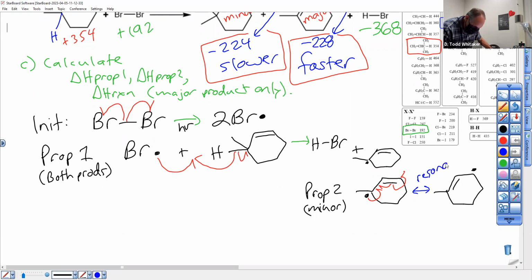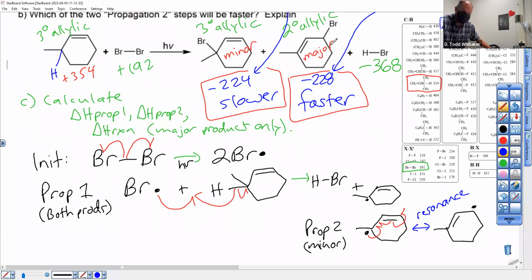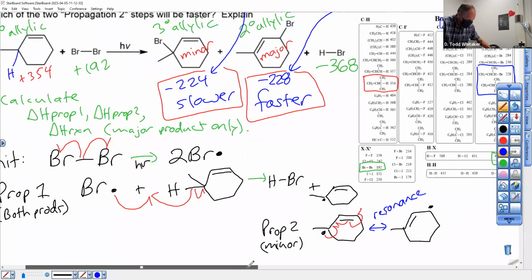Now you can do prop 2. You have the radical in the right position to make the indicated major product. Let's do the hookup. The hookup says Br will react like this, and create 2 species.